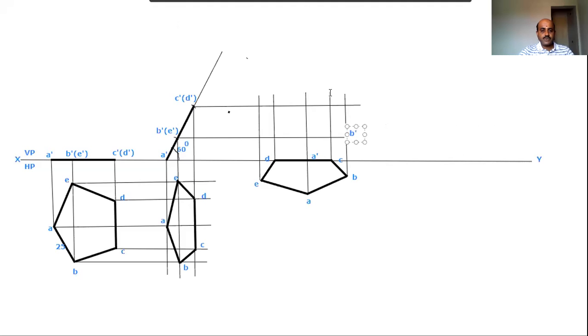And C comes here, C dash. Next comes D dash. And the last one is E dash. So now mark the points. Now join all those points with a dark line. So that is the completion of the problem.